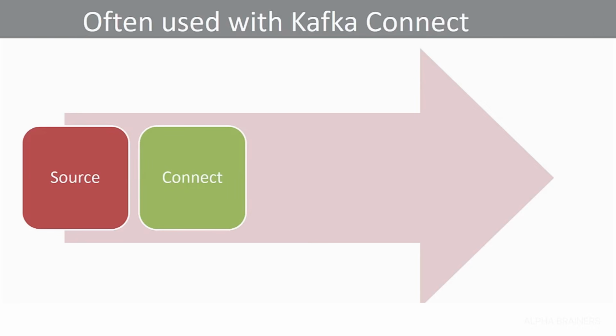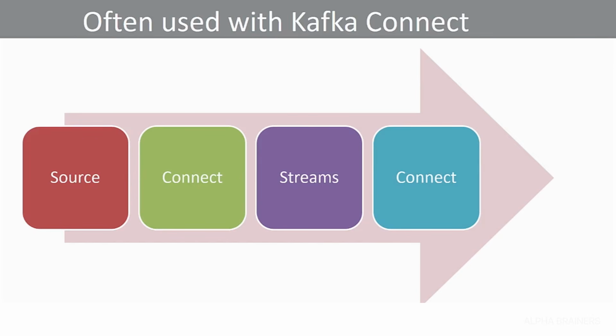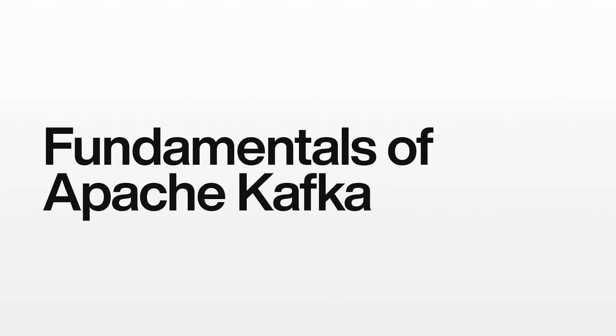Then we could use Streams to manipulate that data using the different tools available in Kafka Streams. And then the output might go to another Kafka Connect, which may send it off to some destination like a database server or some kind of application server when it's all said and done.